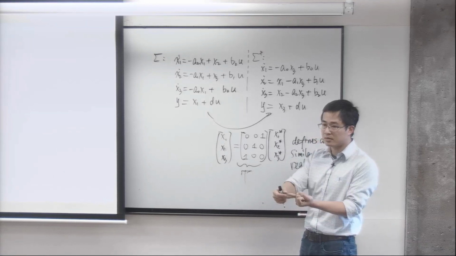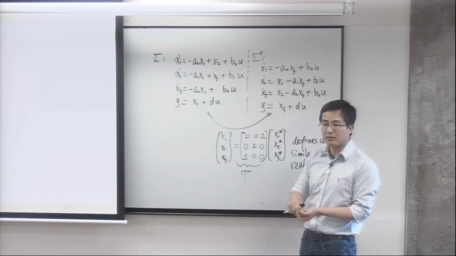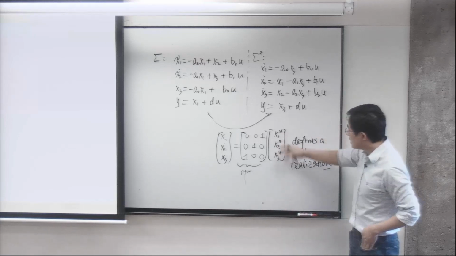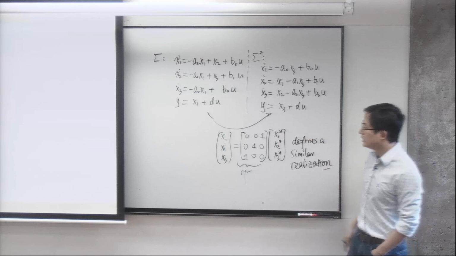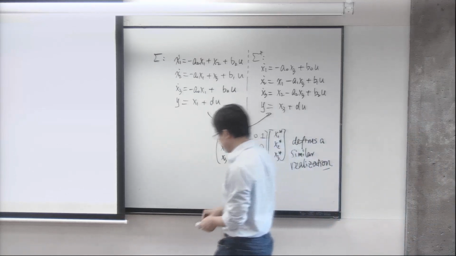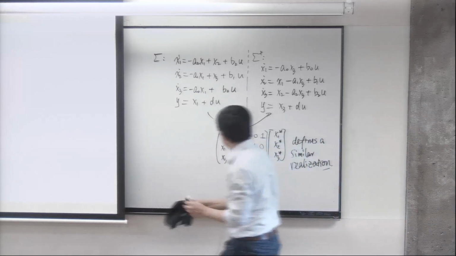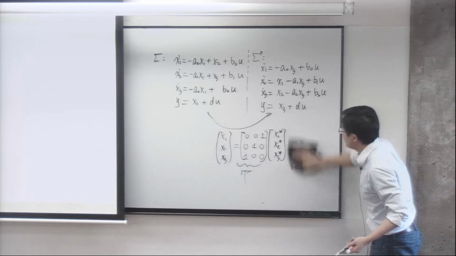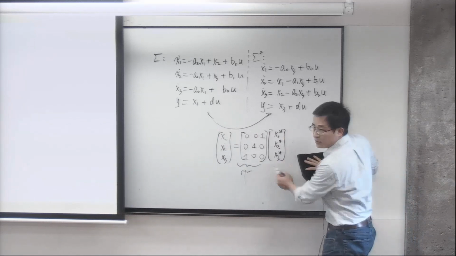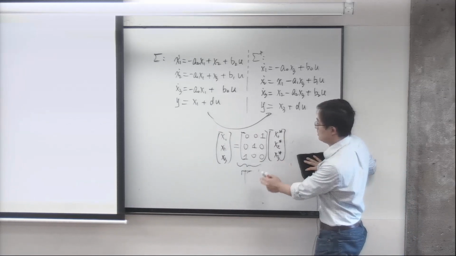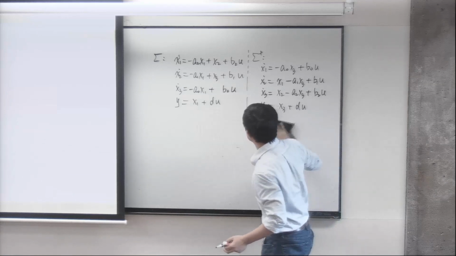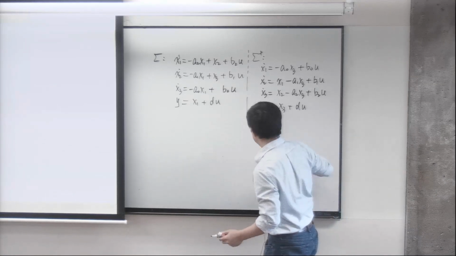So the impulse response, step response, all the same. Just the choice of states are different. Now, let's go back and talk about the relationship and justify that if I do this, the transfer function does not change. All right?